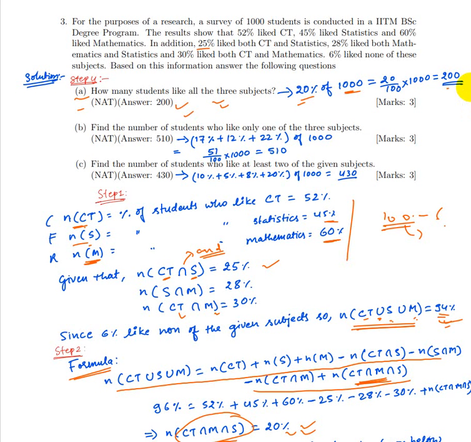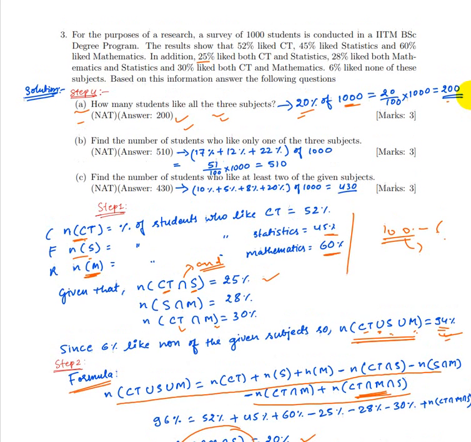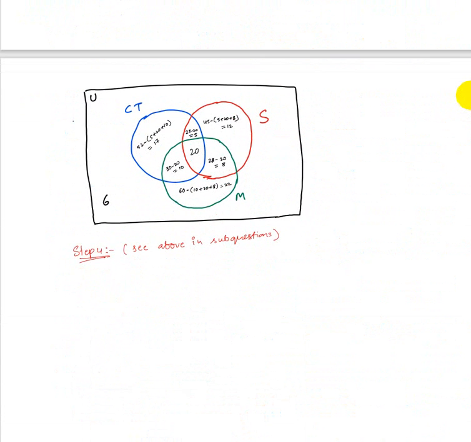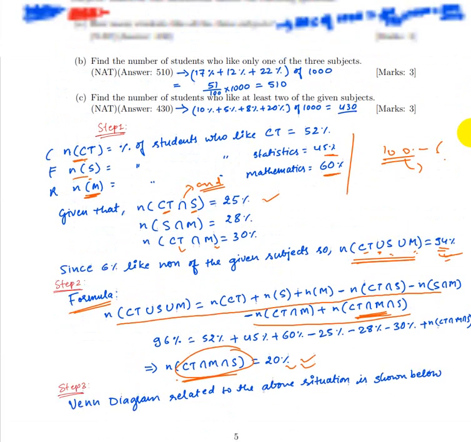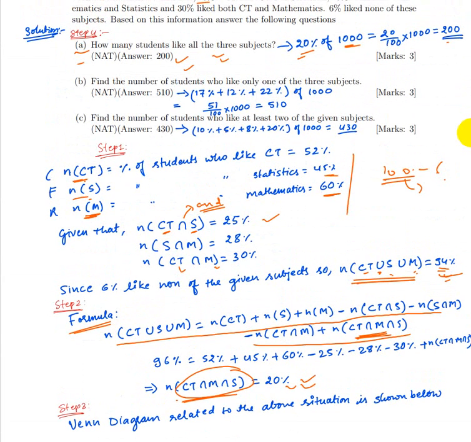The next question says find the number of students who like only one of the three subjects. So for this, the Venn diagram is very handy. We are having this part, which is the intersection of all three sets, as 20%. We are writing percentages only. It is given that the intersection of CT and M is 30.